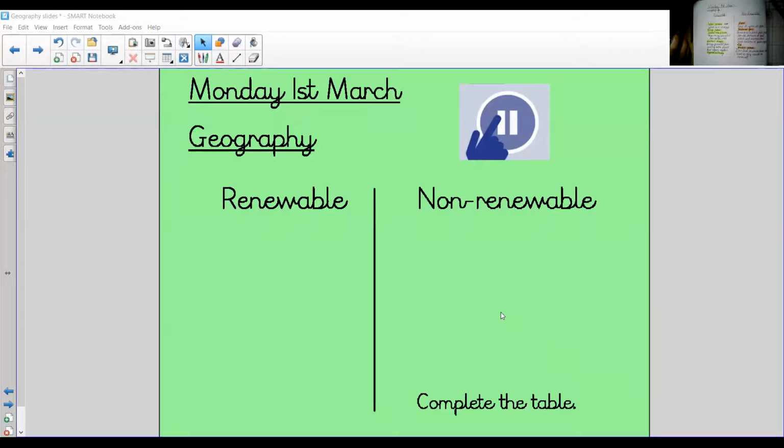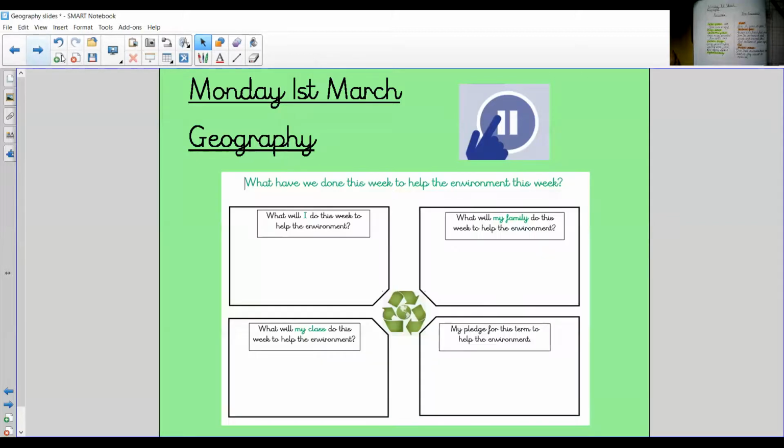So hopefully you've got back to that. I'll leave that in the corner for the moment. So that's our first thing, we need to just complete the table to remind us about renewable and non-renewable.